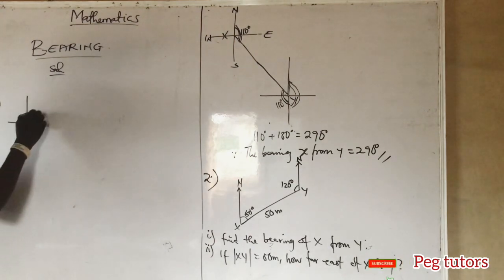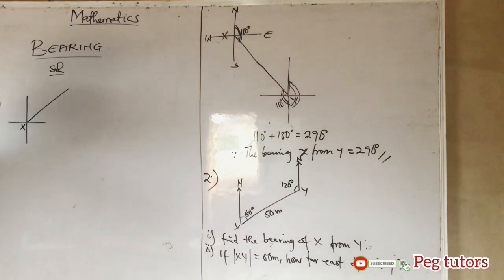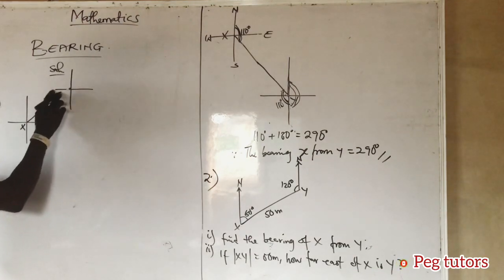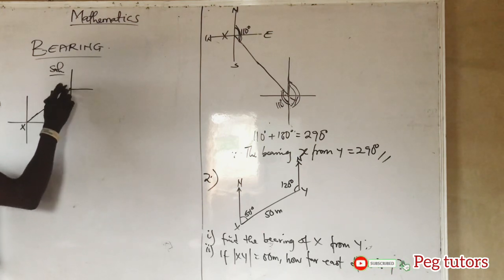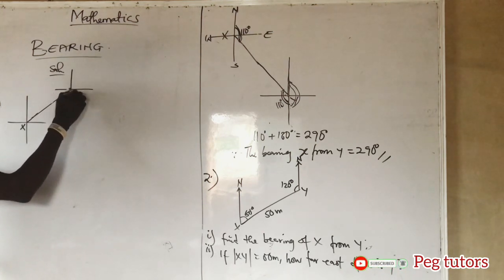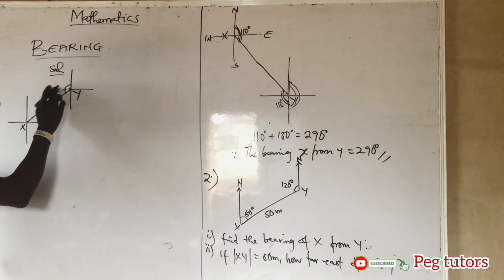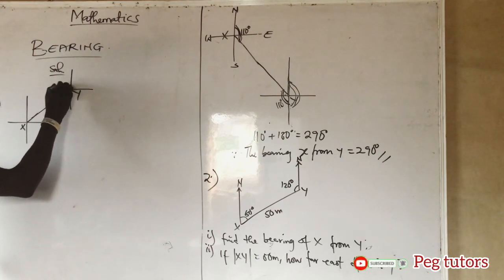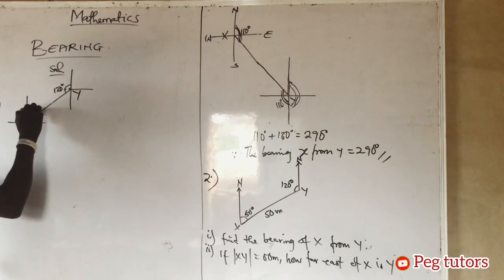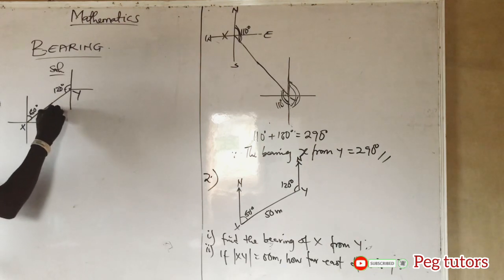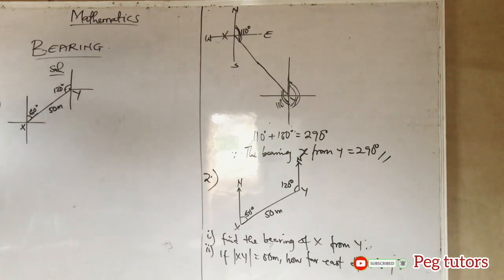And at 60 degrees, the line leaves to meet y. Now, at this point y, right? And that's where the line entered into y. Now, at point y, from here to here is 120 degrees, according to what they have there. Are we there? Now, the line here is 50 meters. So, this is exactly what it is.